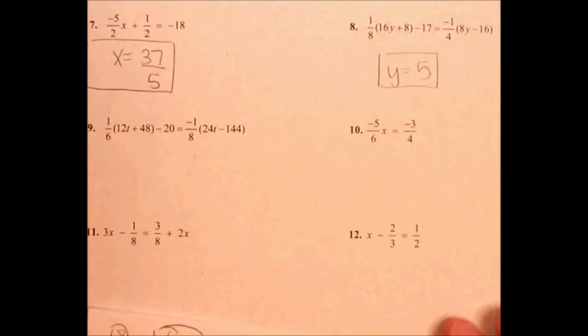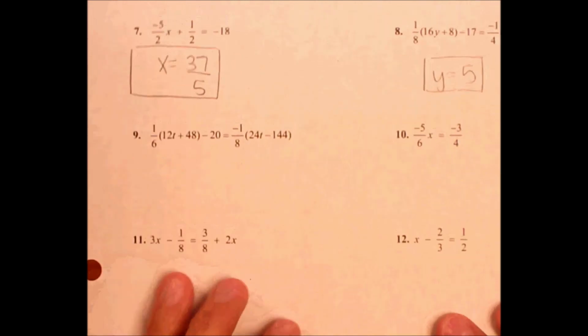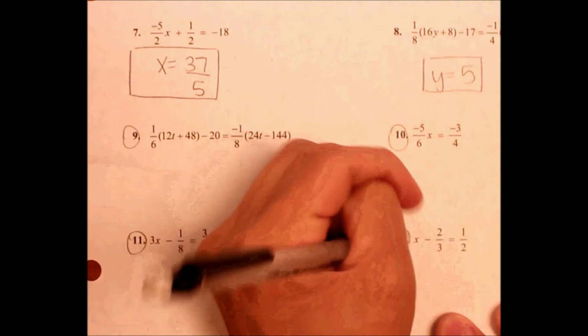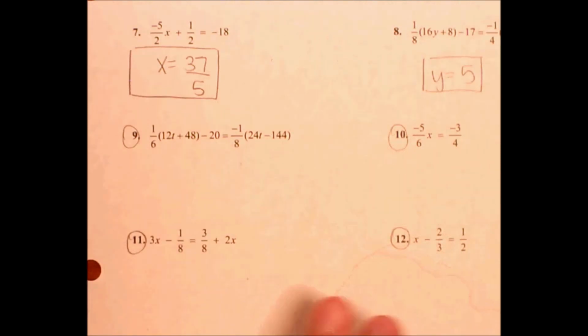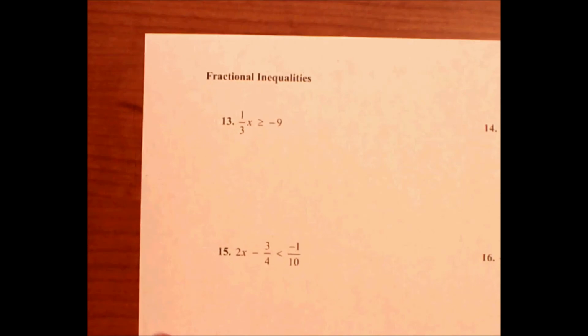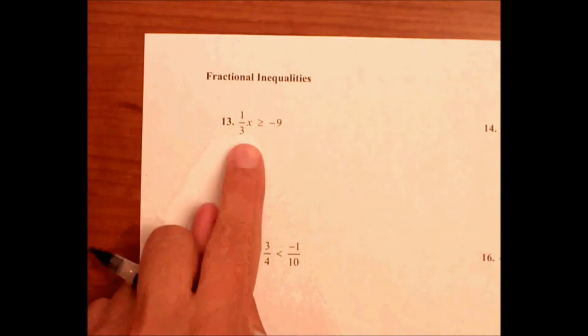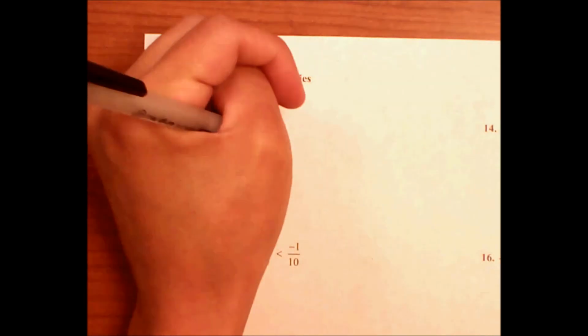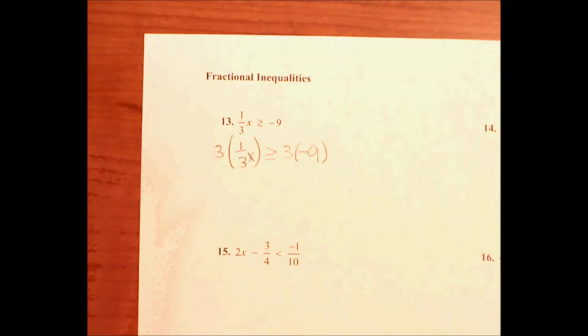Okay, so in class on Friday, you're going to work numbers 9, 10, 11, 12. Flip the page. I'm going to work 13 with you. Okay, so for number 13, I'm going to multiply both sides by 3 to get rid of that fraction.